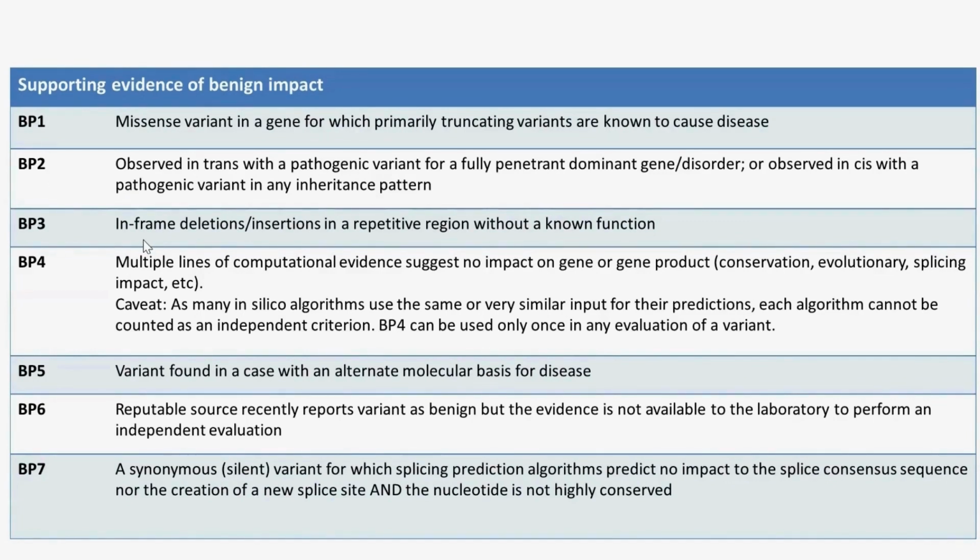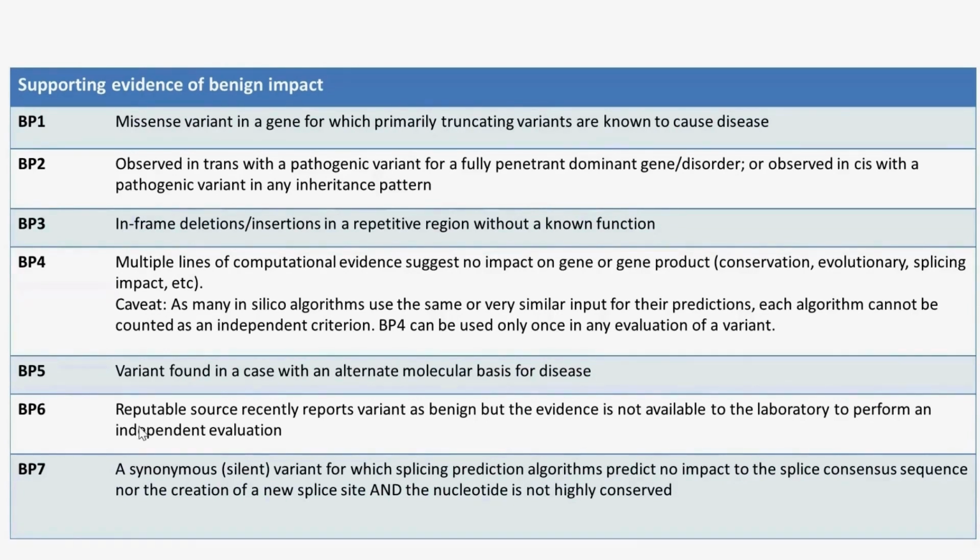In-frame deletions or insertions in a repetitive region without a known function are included in the BP3 category. BP4 includes the variants where various computational evidence suggests no impact on gene product. When a variant is found in a case with an alternate molecular basis for disease, it is included in the BP5 category.